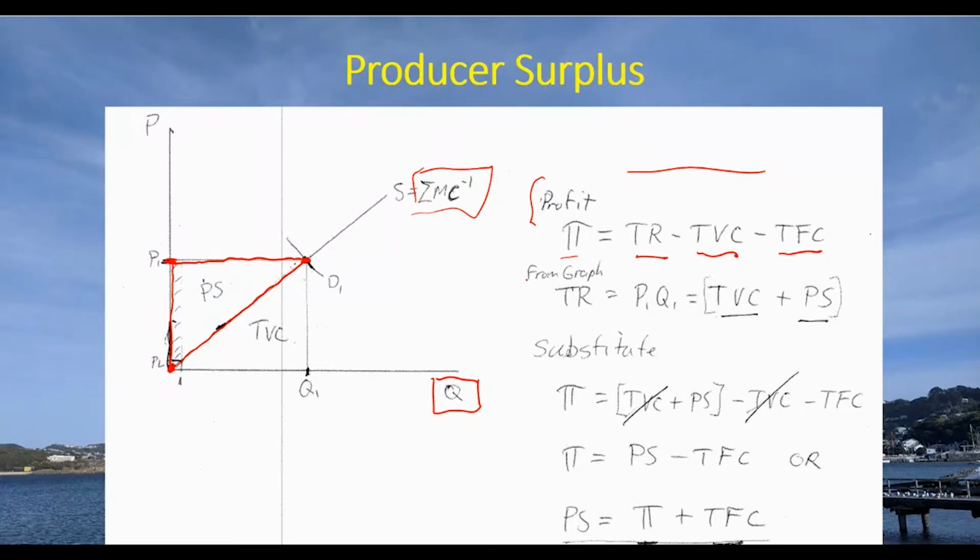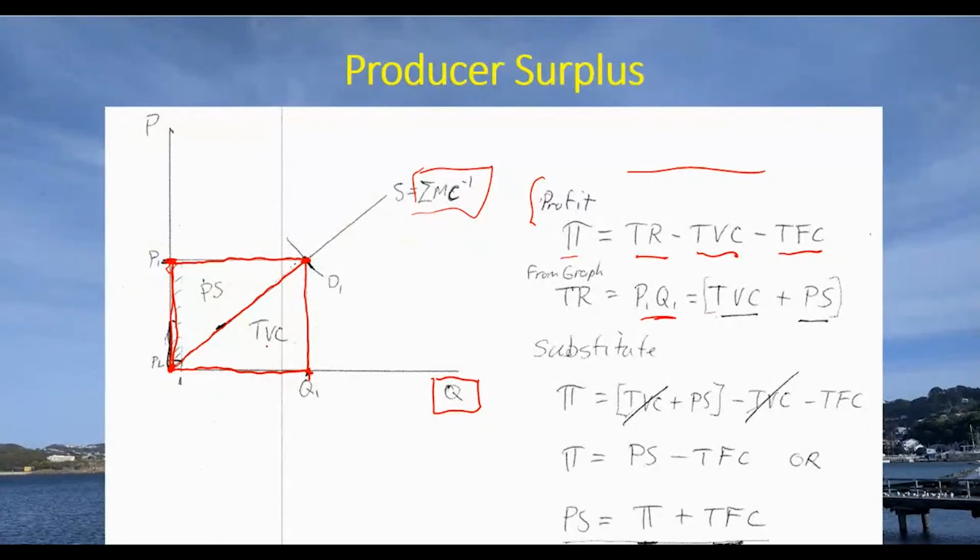Now from the graph, we can note that price times quantity, P1 times Q1, this vertical distance times this horizontal distance, gives us the area of that entire rectangle. From what I've drawn, that's equal to the upper part of the triangle, PS, producer surplus, plus the bottom part.